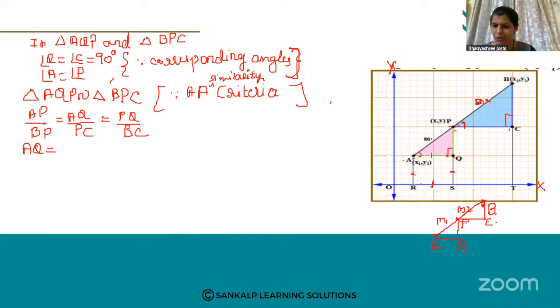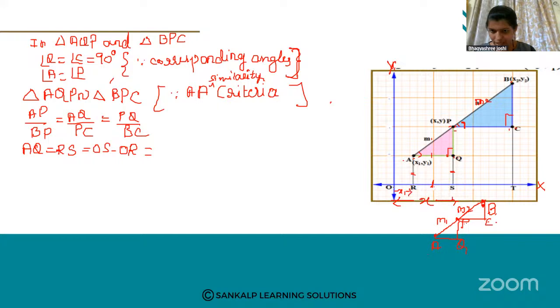So now AQ is equal to RS, right? RS, how are you going to find out RS? OS minus OR, then you will get RS. Now, my dear children, OS we will take as X, and OR we will take as X1. Observe carefully.